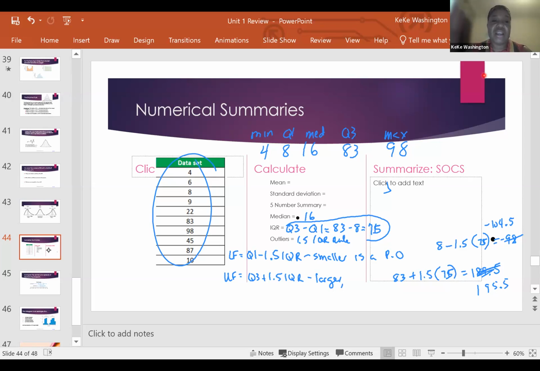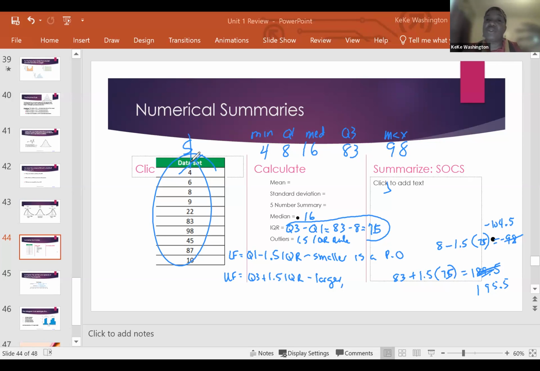So I would say, let's say this represents how much money someone has in their pocket, spanning from 4 to 98. Okay, so I would say, well, typically a person has $16 in their pocket because that's the median and it represents the center.